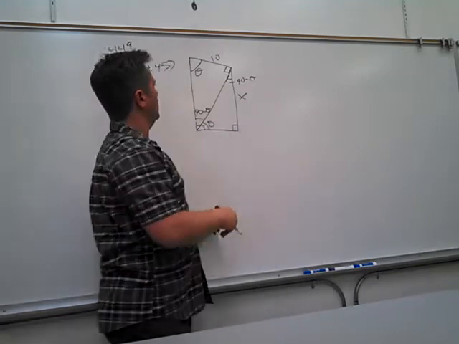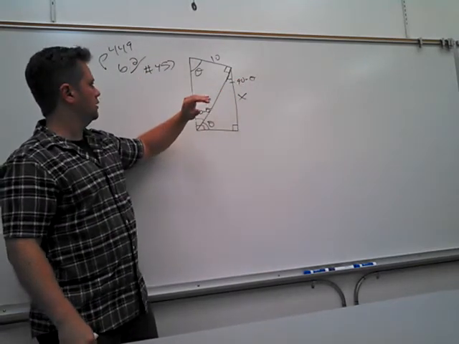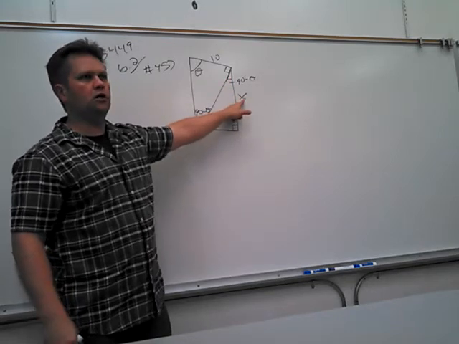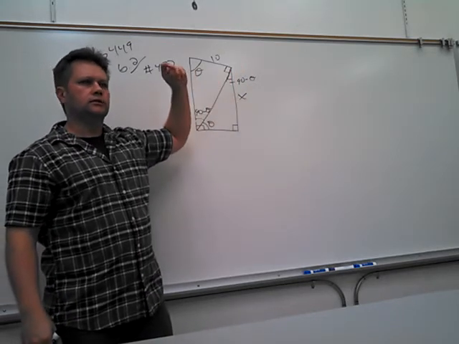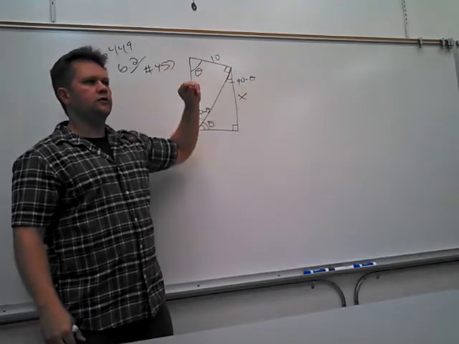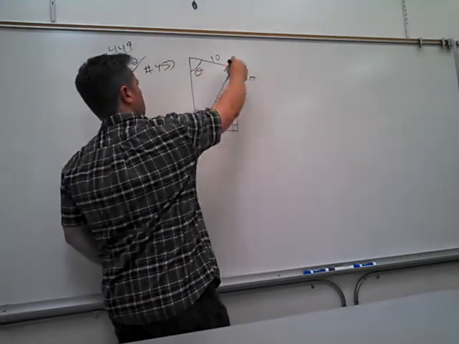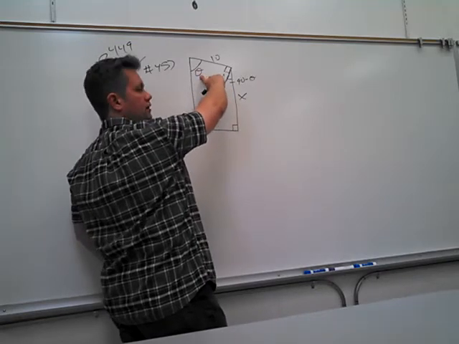Okay, so we've kind of worked our angles around. Now, if I can figure out what this side is, I can then set up a ratio for x using the angles. So first off, this side here, what would it be in terms of that theta?